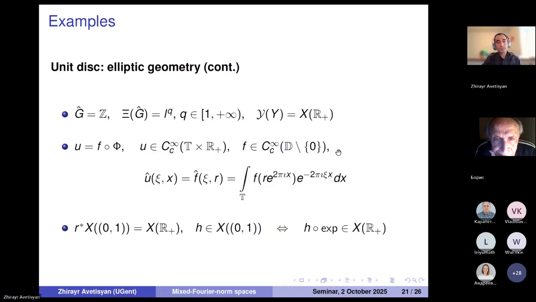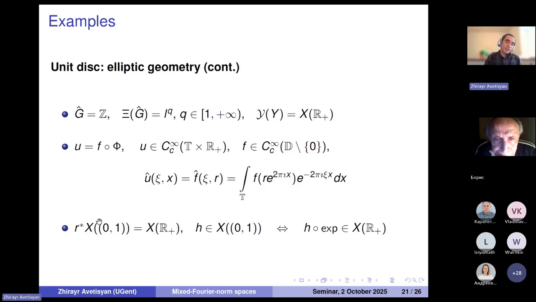And when translated to the original disk coordinates, then you are dealing with functions f, which are compactly supported in the punctured disk. And our half Fourier transform now is simply the usual angular Fourier transform, as you can see.